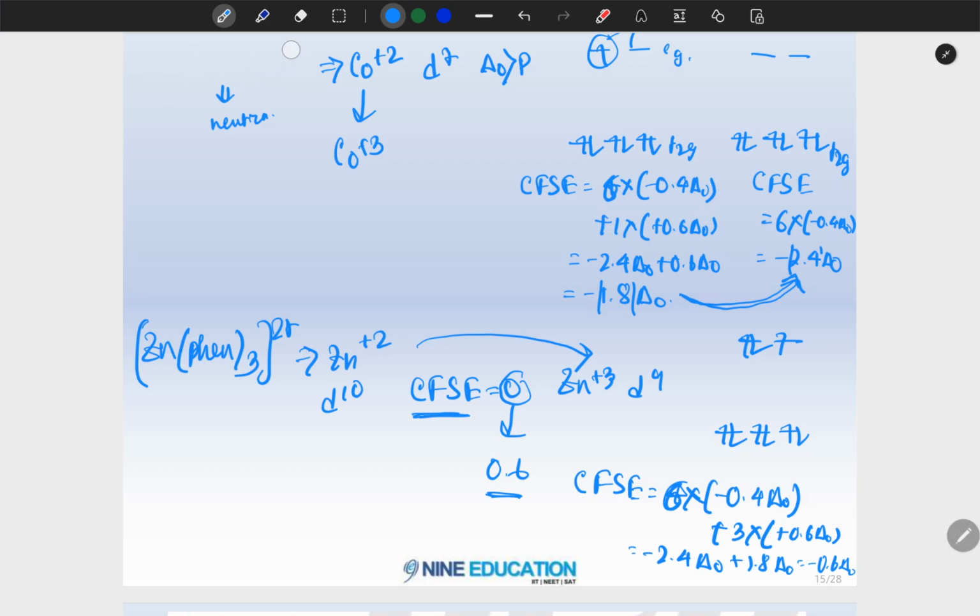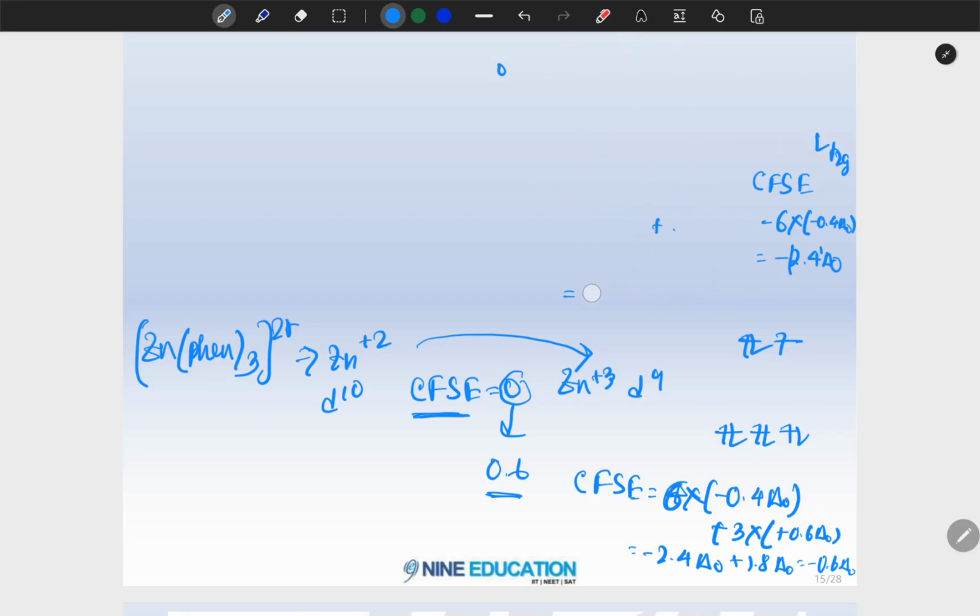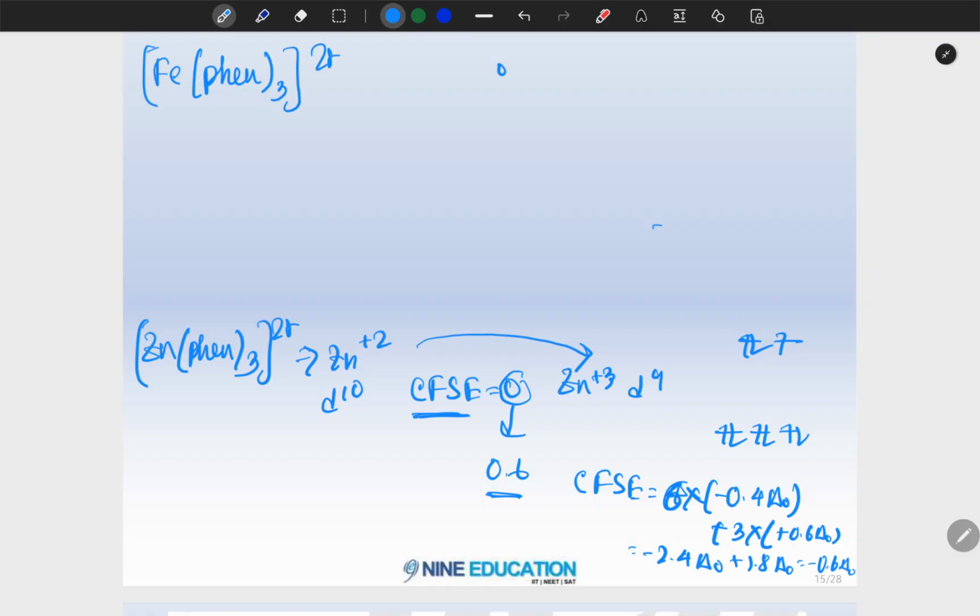Let's check the iron complex. Now consider the third option over here, that is Fe(phen)3 2+. In this complex, what is the electronic configuration of iron?